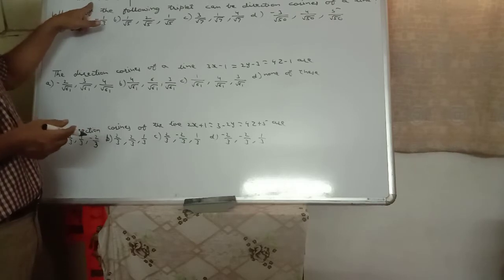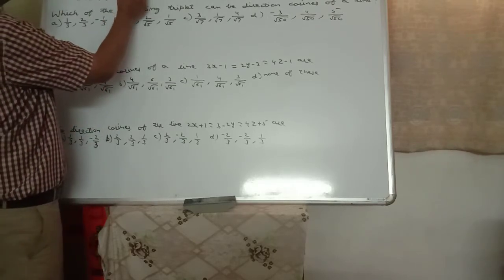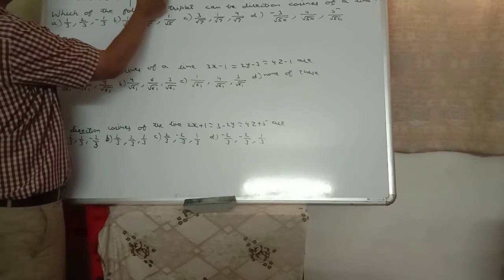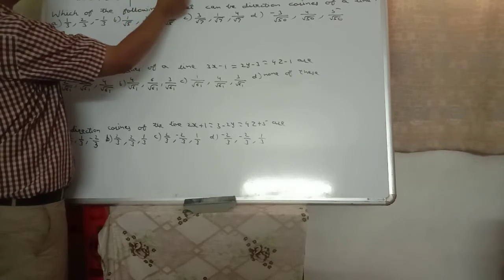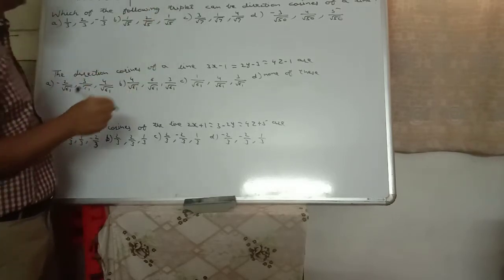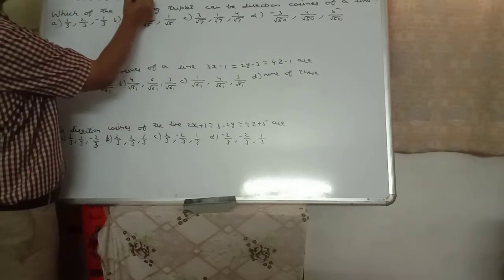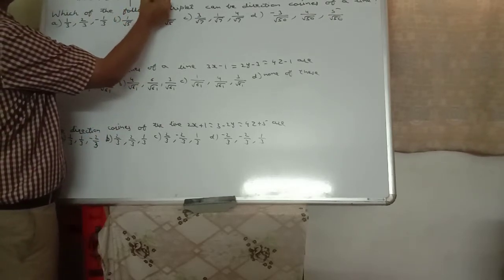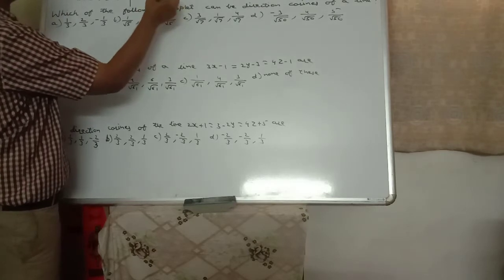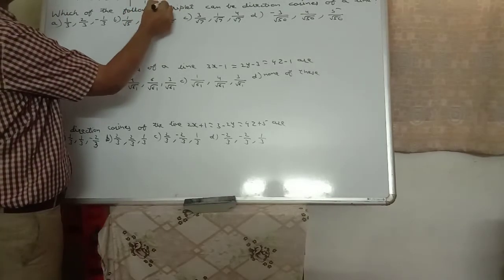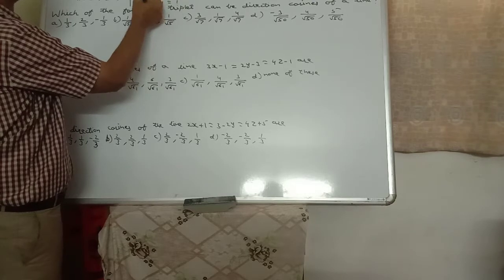Consider point B. Put x equal to 2, y equal to 3, z equal to 4 in the equation of the first line. Then we get 2 by 2, 3 by 3, 4 by 4, all equal to 1. They are equal.